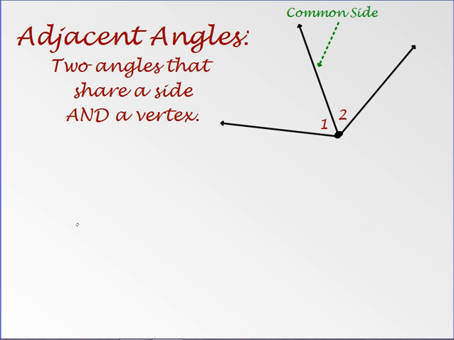But any two angles that are side by side and have a side and a vertex in common. Here's our vertex. This is our common side, right? These two angles would be adjacent.